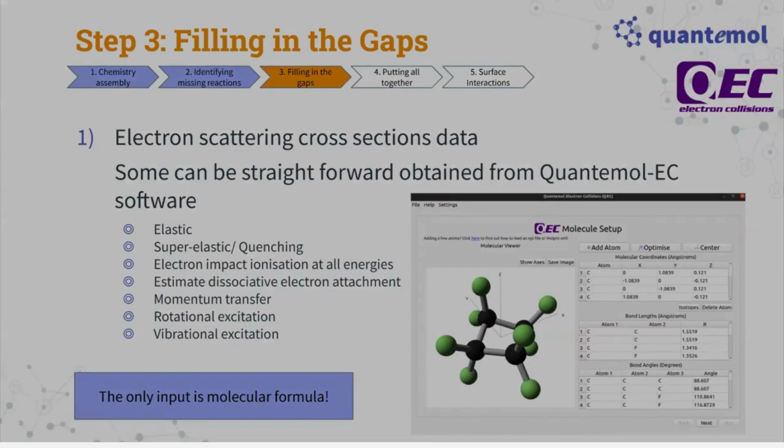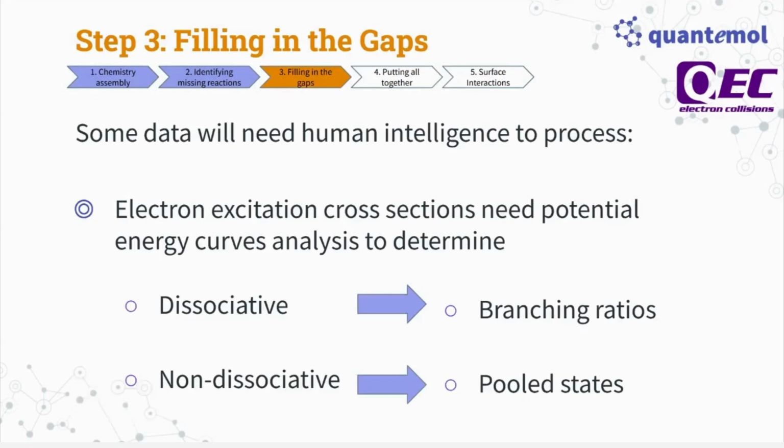However, there are a couple of processes which are not so easy to import, so that's why there is no direct link yet between QDB and QC. One of them is electronic excitation, because there are essentially two potential pathways.